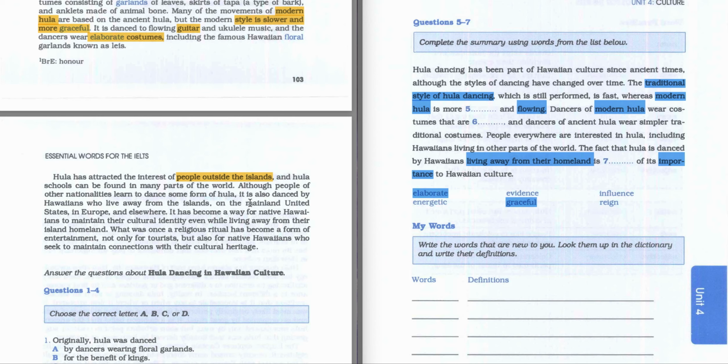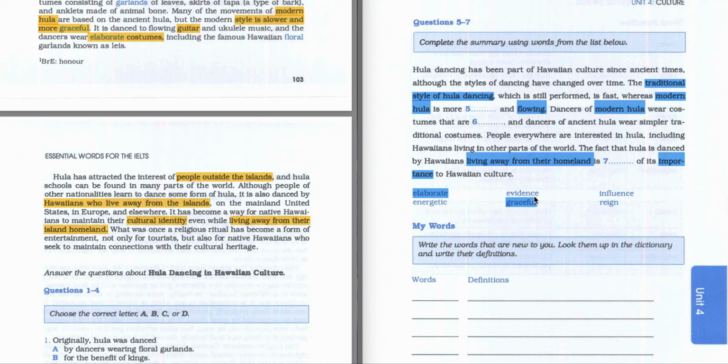So about other nationalities learning it, and here is information about Hawaiians who lived away from the islands. It has become a way for native Hawaiians to maintain their cultural identity even while living away from their island homeland. They were living away from their homeland, but they were aware of this hula dancing.